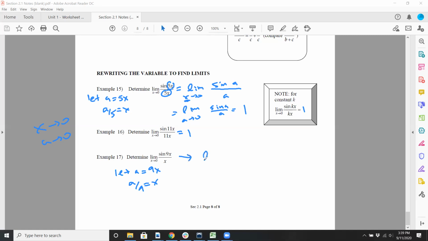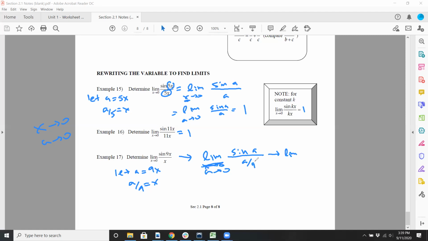So in this case, I have the limit as x approaches 0 of sine a over a over 9. And actually, there should be a is approaching 0. Because remember, if x is approaching 0, a over 9 is also approaching 0. If a over 9 is approaching 0, of course, a is approaching 0.